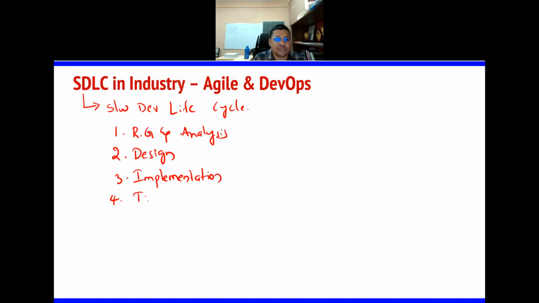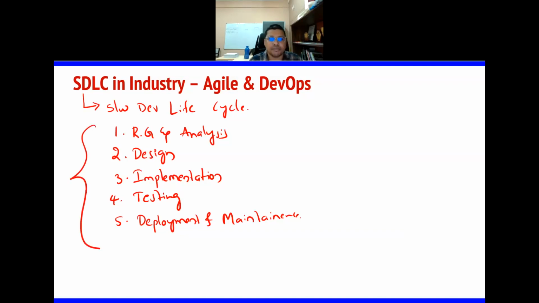And then we have testing, deployment, and maintenance. Okay, so these are a few common steps you might have studied in the course of software engineering, right? I will explain these steps quickly.